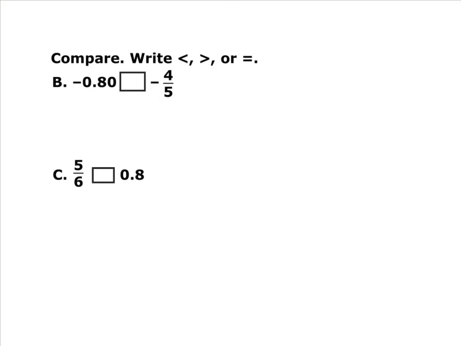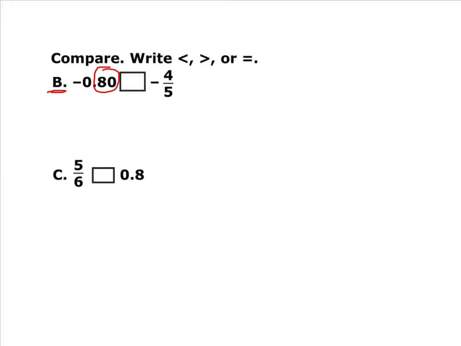Oh, we have two. All right, so let's take a look. The first thing we need to do on letter B is convert these to either both fractions or both decimals. So let's change 0.80 into a fraction.